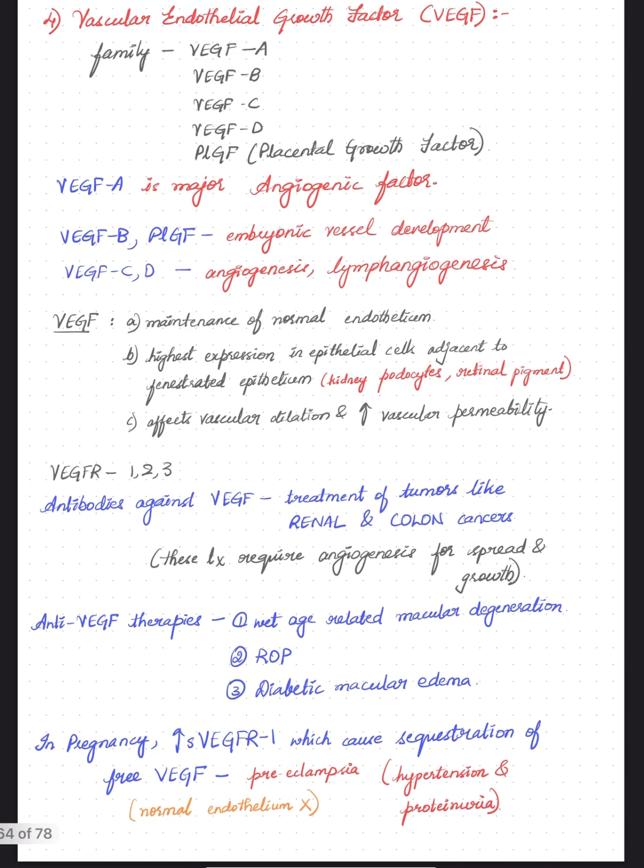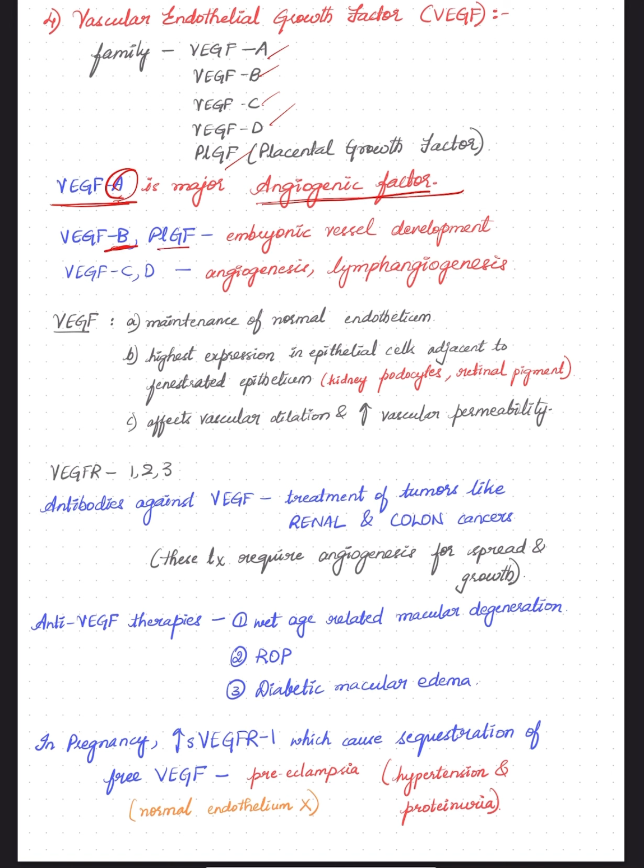Coming to vascular endothelial growth factor, which is a large family, consisting of vascular endothelial growth factor A, B, C, D, and placental growth factor. VEGF-A is the major angiogenic factor.